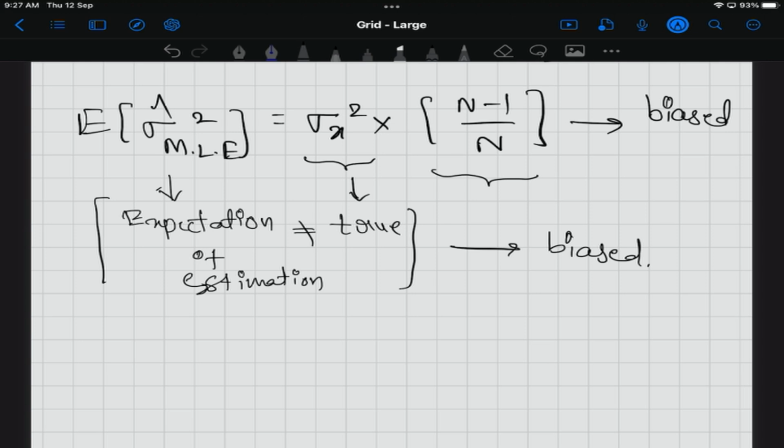Based on this equation, can I say that my estimate coming from the maximum likelihood is always less than my true variance? Is this factor always less than 1? Because I am multiplying the true value with a factor which is less than 1 to get my estimated value.